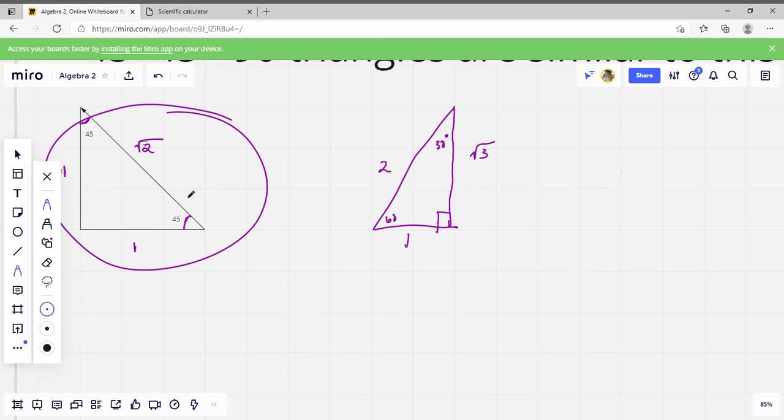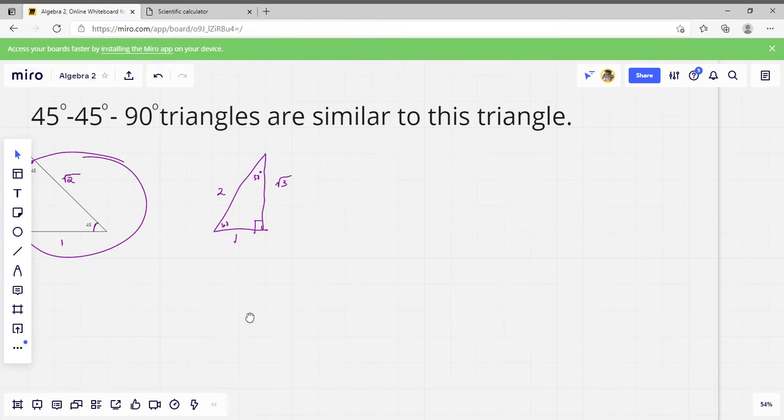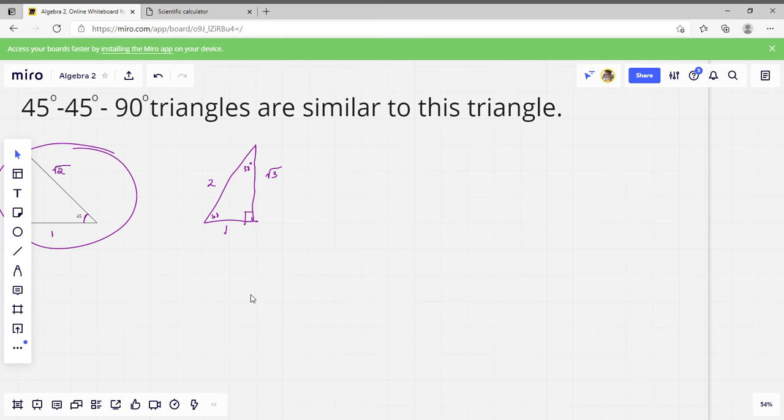And to prove that, we can draw our triangle, with legs 1 and 1.